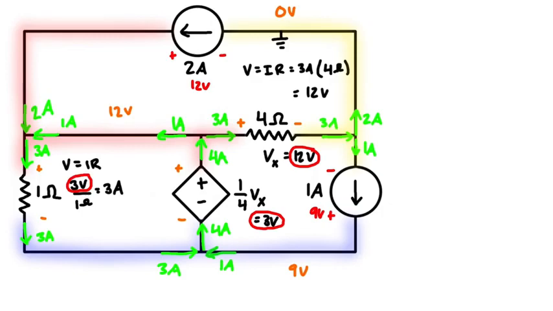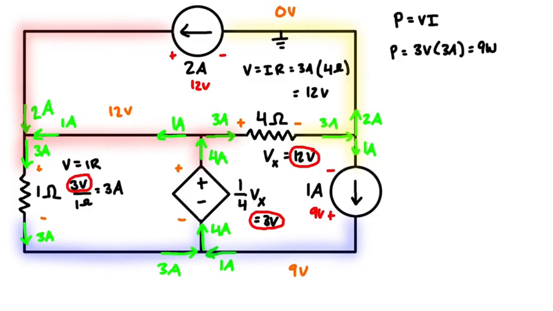So now let's calculate the power dissipation of the resistors, and the easiest formula for us to use is just going to be P is equal to VI. So for the 1 ohm resistor over here, we can set up our expression. We have P is equal to VI, so the voltage is 3 volts and the current is 3 amps. So we're going to get a power of 9 watts.